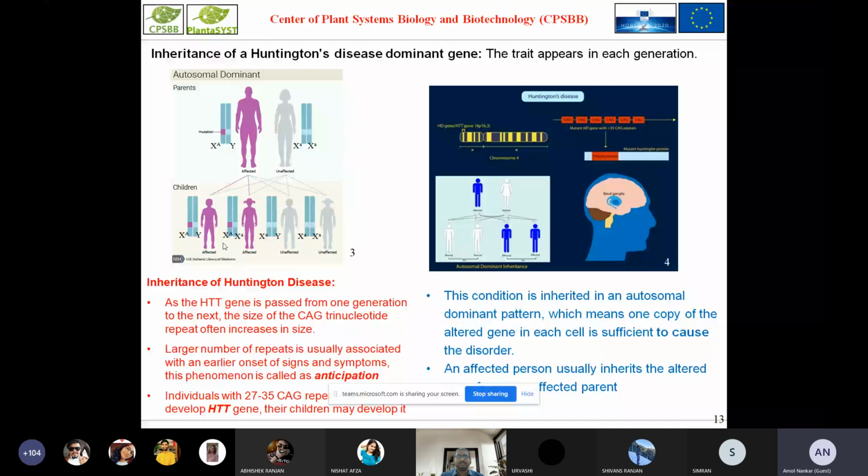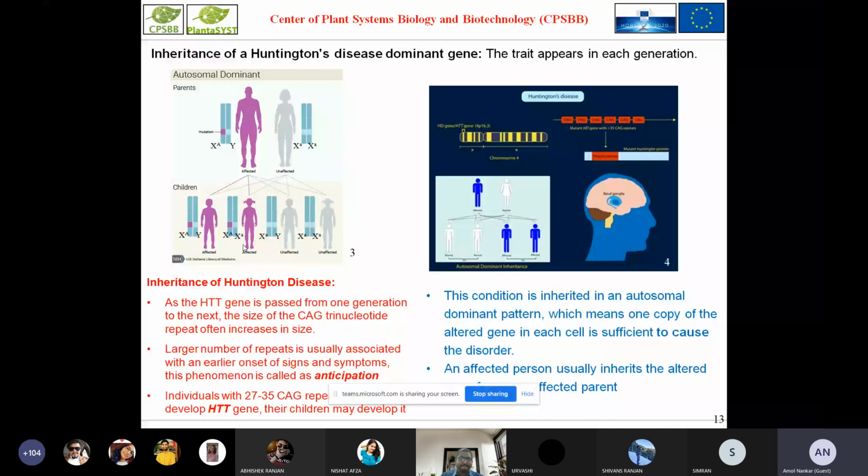How that happens is basically this XA, which is causing the inheritance of Huntington disease. In the same way, the girl in the second position is also affected because she got Huntington disease through that dominant autosome. And the last two didn't receive any dominant gene from their parents.